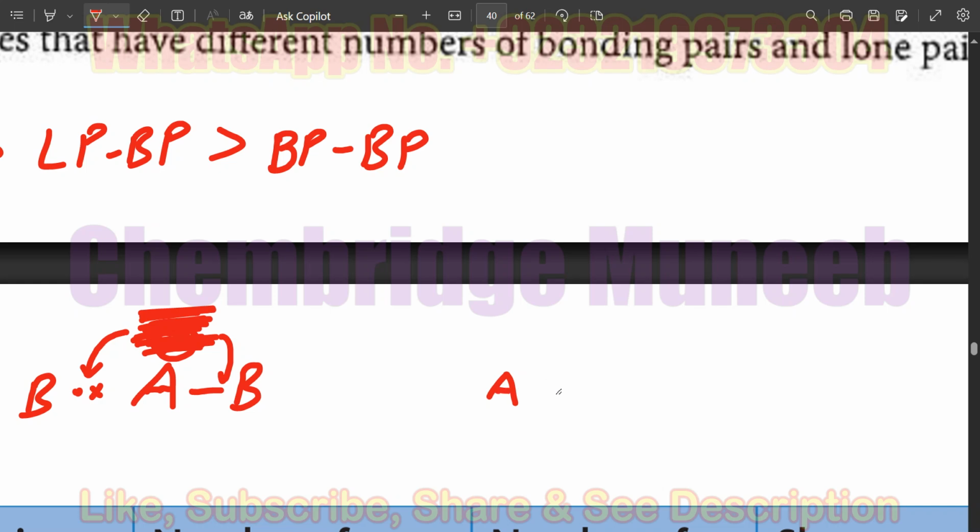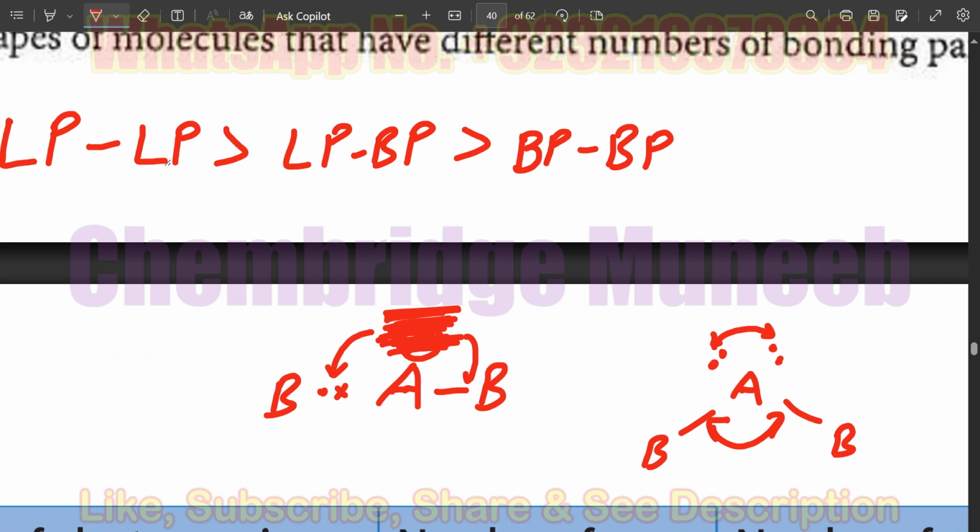Yeah. And if I take another example in which the A atom has 2 lone pairs, these 2 lone pairs will have the greatest repulsion between them because they have the greatest charge density in the space, and the least repulsion will be between the bonding pairs. Okay.